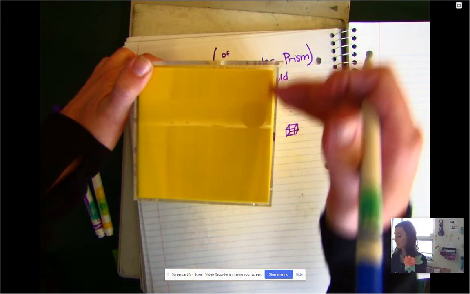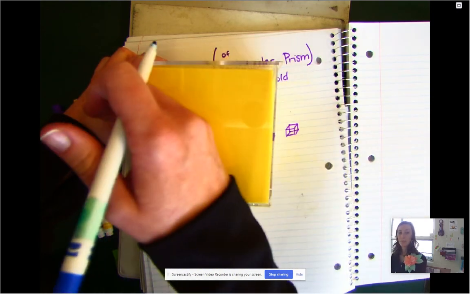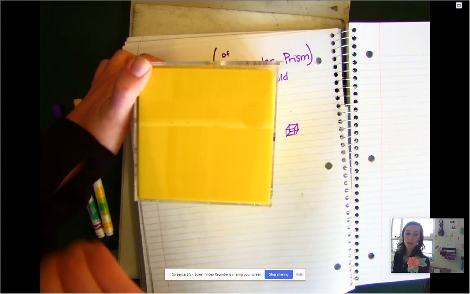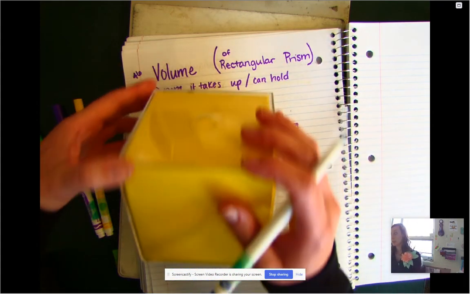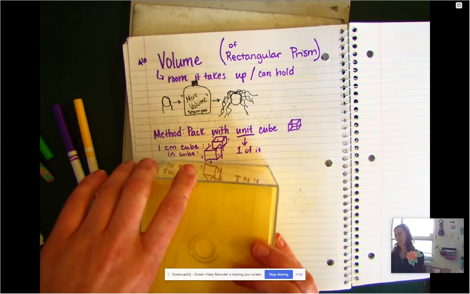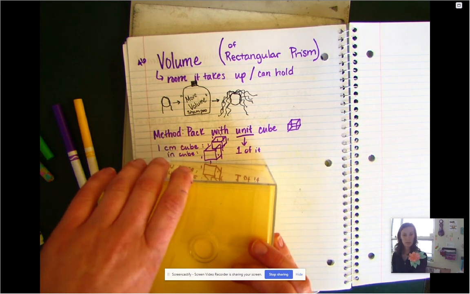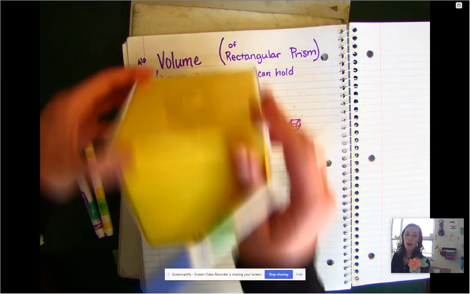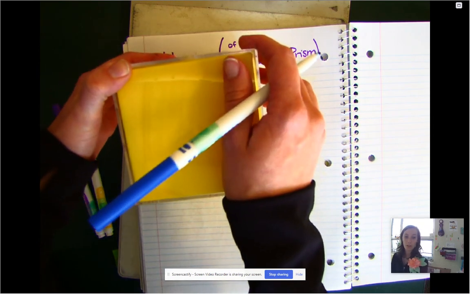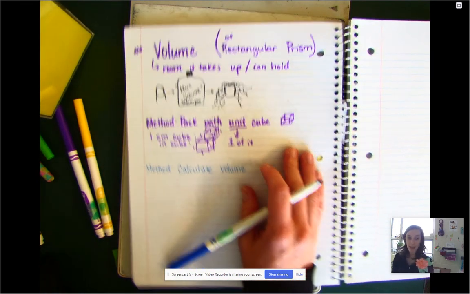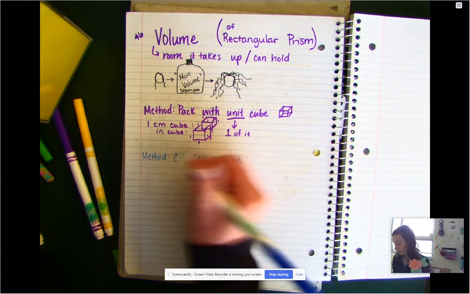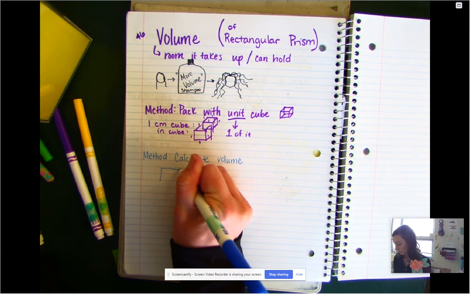Let's say that this is 4 inches. I could have 4 layers of 36 cubes, which means 4 times 36 is 144. 144 unit cubes.